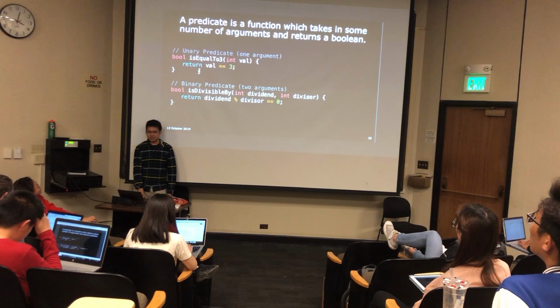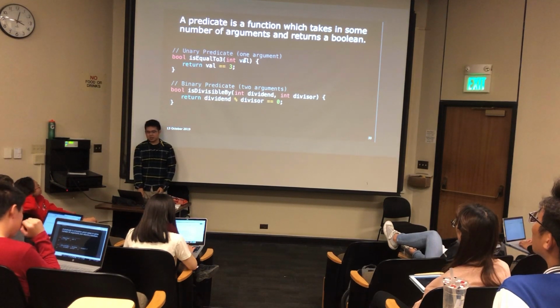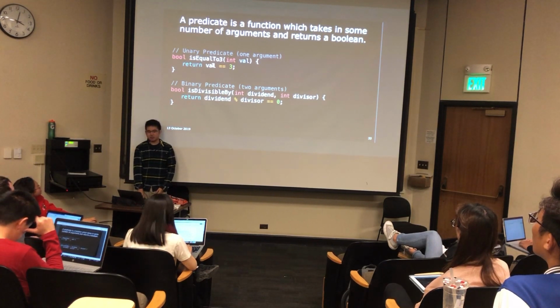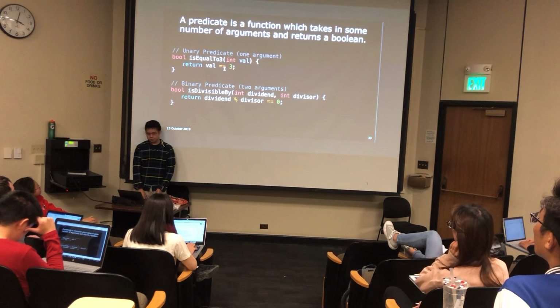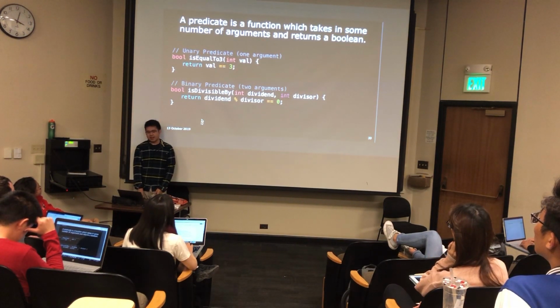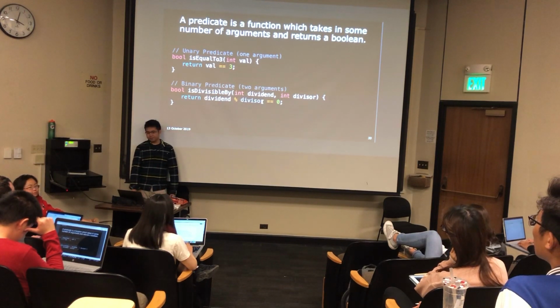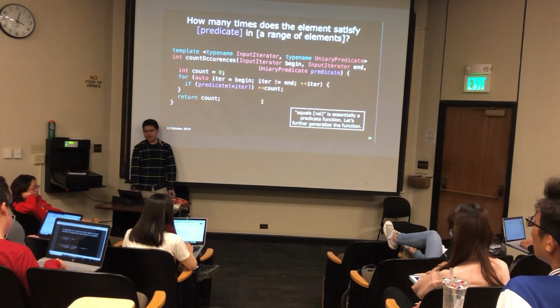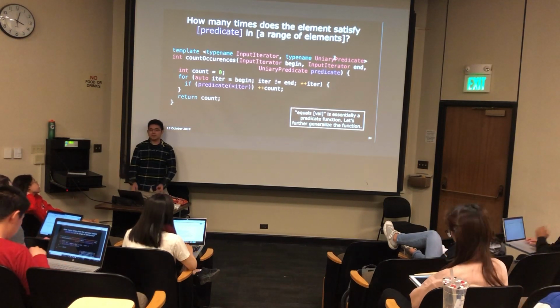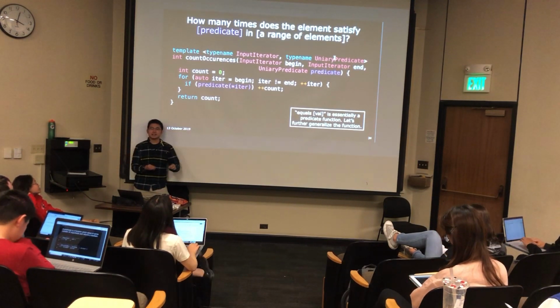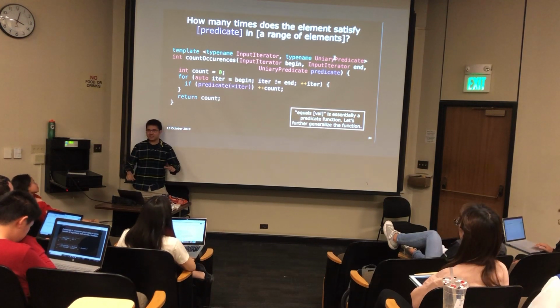Well, we have a function. This is a unary predicate. It takes in one argument of value and it returns if value is equal to 3. We also have binary predicates where it takes in 2 arguments and then it returns some true or false value. Okay. So instead of saying how many times does the element satisfy equals element, you can replace that with some generic predicate.